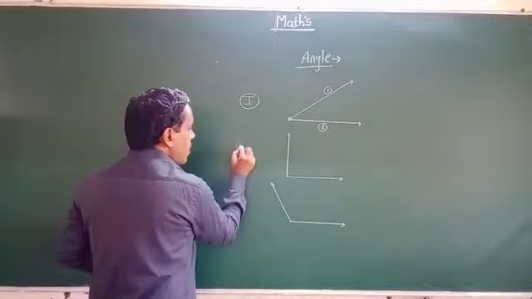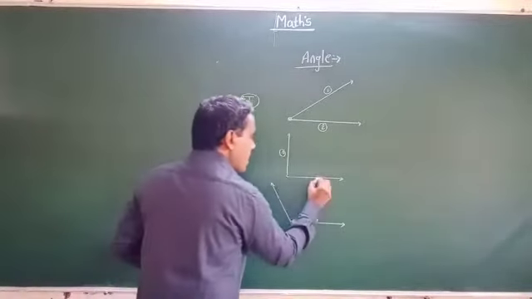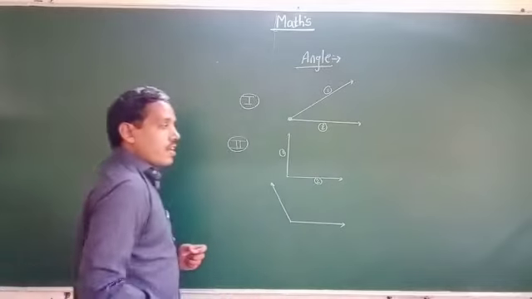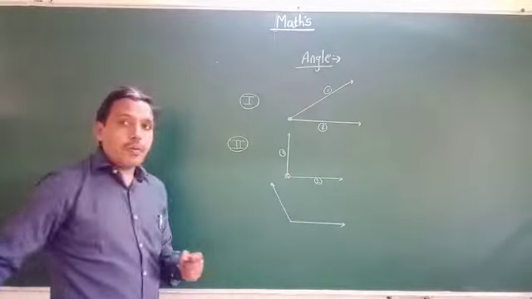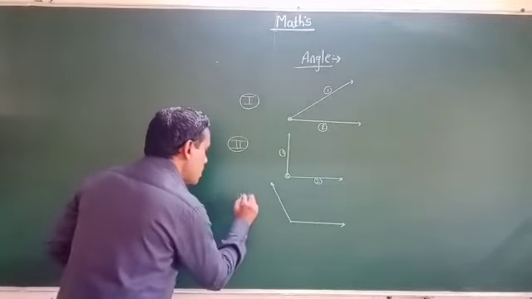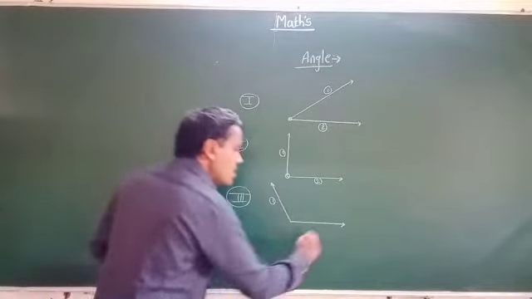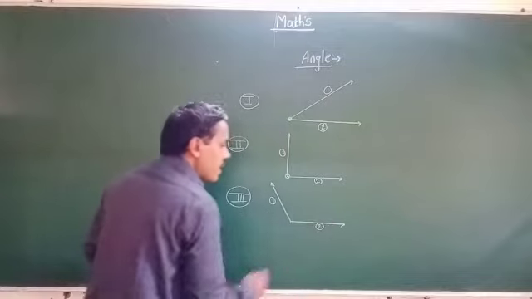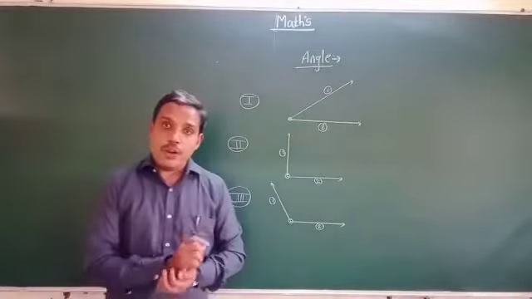In the second diagram, this is the first ray and this is the second ray. They also meet each other at one common point. And this is the third diagram. In the third diagram, this is the first ray and this is the second ray. They also meet each other at one common point.